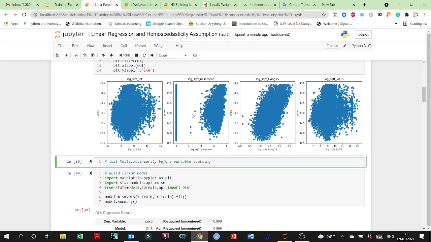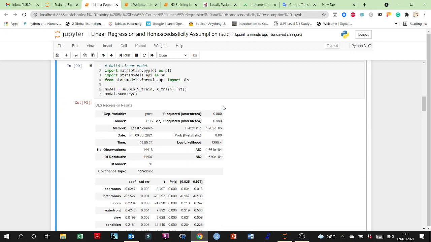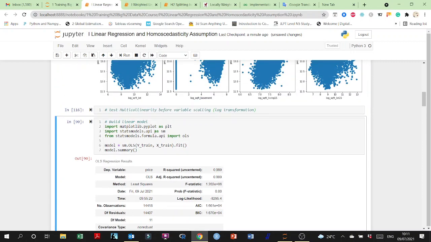One investigation when the basement is equal to 0 and get a linear regression model, and one when the basement is not equal to 0 and get another linear regression model, and see how this step might affect the results. The second step is testing multicollinearity, and please do that before you scale the data with the log transformation.